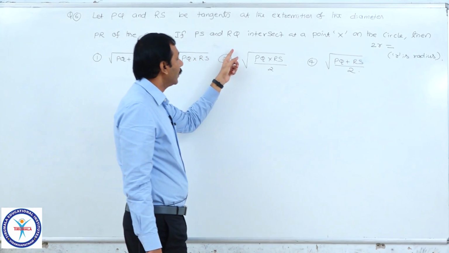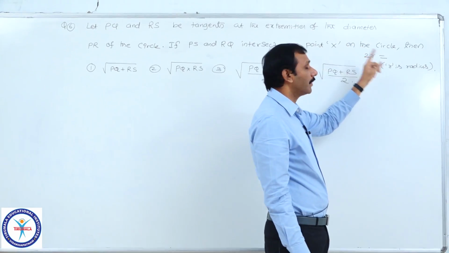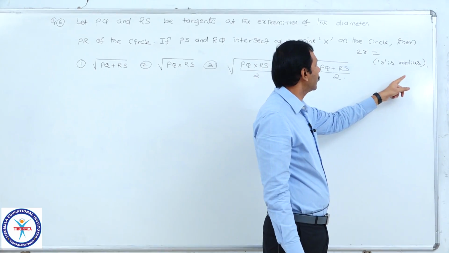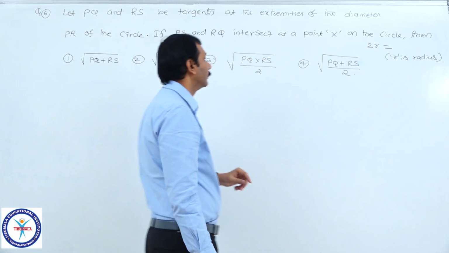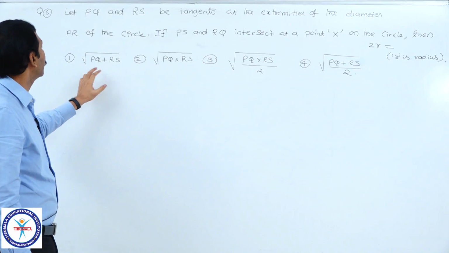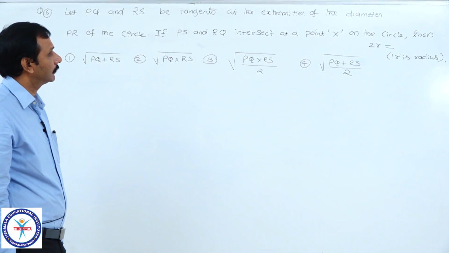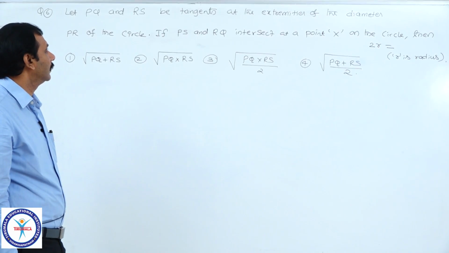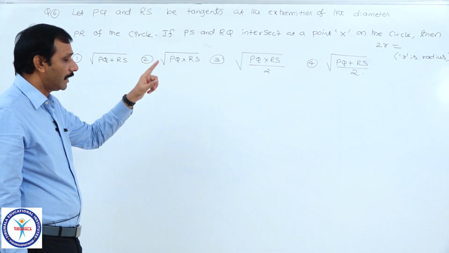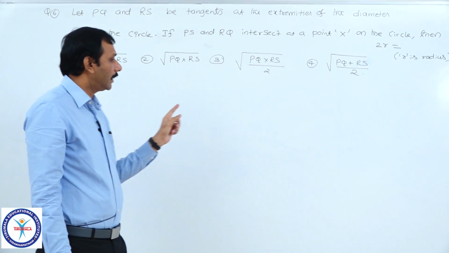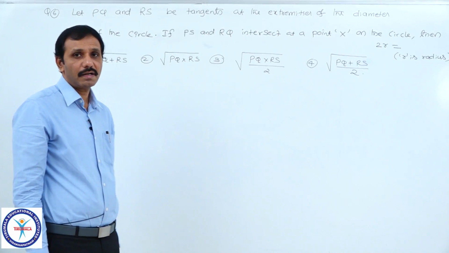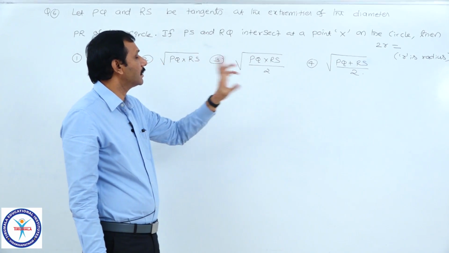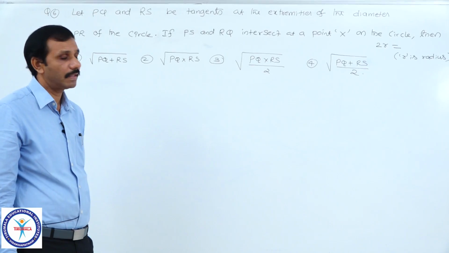If PS and RQ intersect at a point capital X on the circle, then 2R, where R is the radius, that is the 2R value, they are asking in terms of PQ and RS. Equation of circle is not given, nothing is given. They have described one diameter, at the ends of the diameter tangents are drawn, and PS and RQ they have drawn, they are intersecting at a point X on the circle.